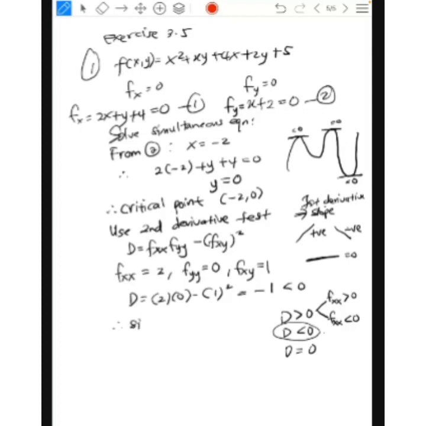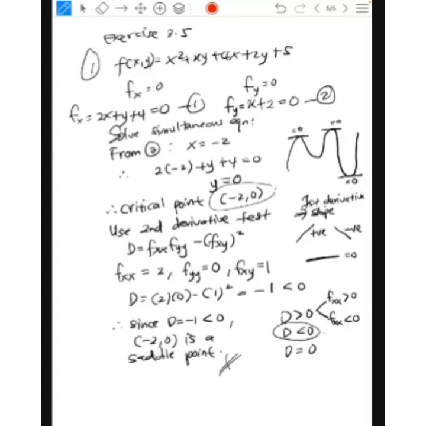So since D equals to -1, which is less than 0, at (-2, 0), what is (-2, 0)? It is the critical point. It is a saddle point. So a saddle point is not the maximum, not the minimum. It is in between. That is how to solve for the extrema.